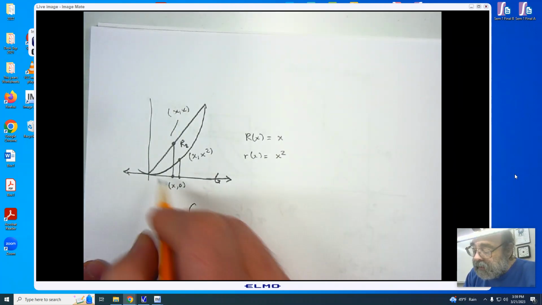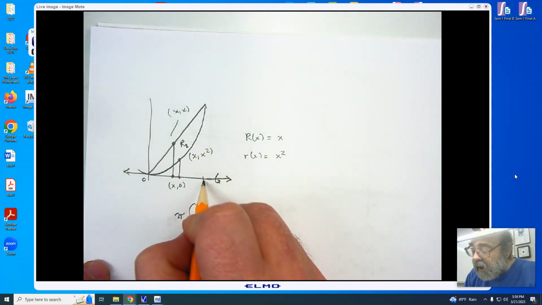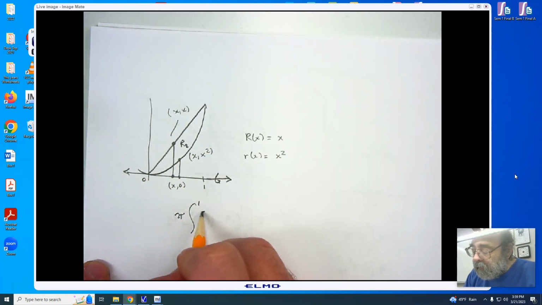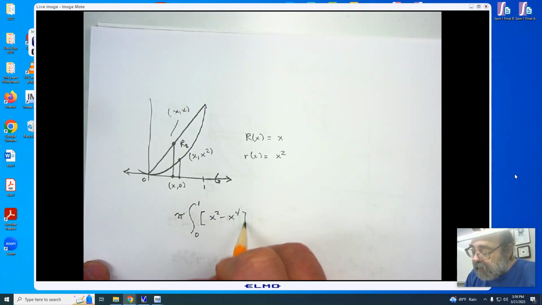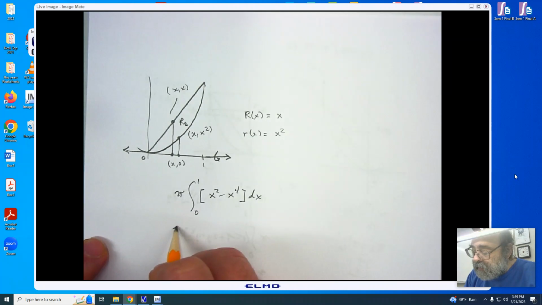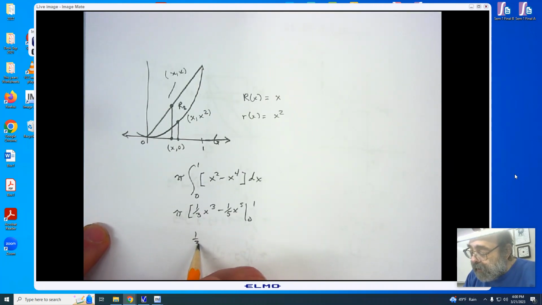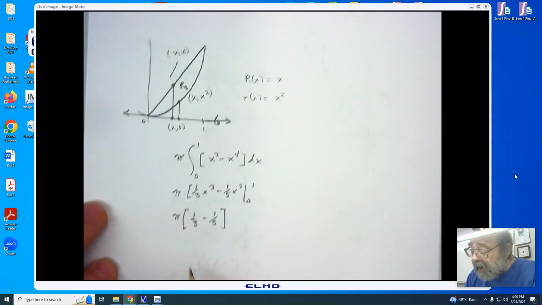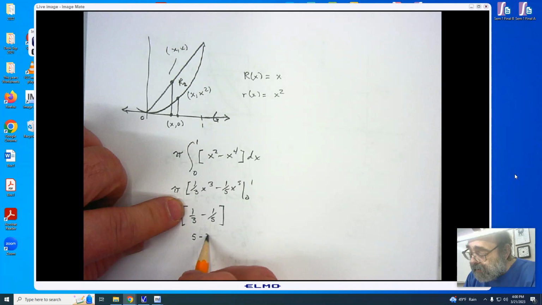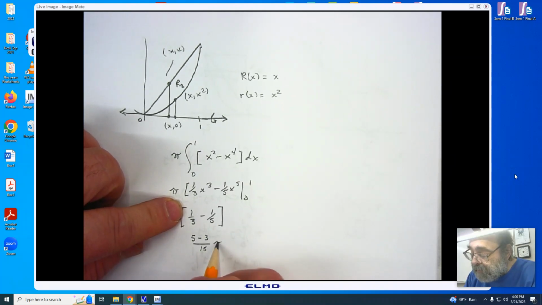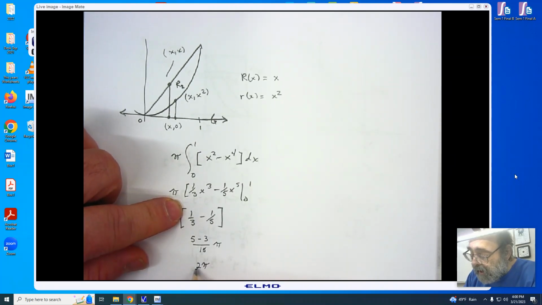Pi integration going from 0 to 1 of x squared minus x to the 4th dx. 1/3 x cubed minus 1/5 x to the 5th from 0 to 1 is 1/3 minus 1/5 multiplied by pi. That's 5 minus 3 over 15 times pi. My answer is 2 pi over 15.